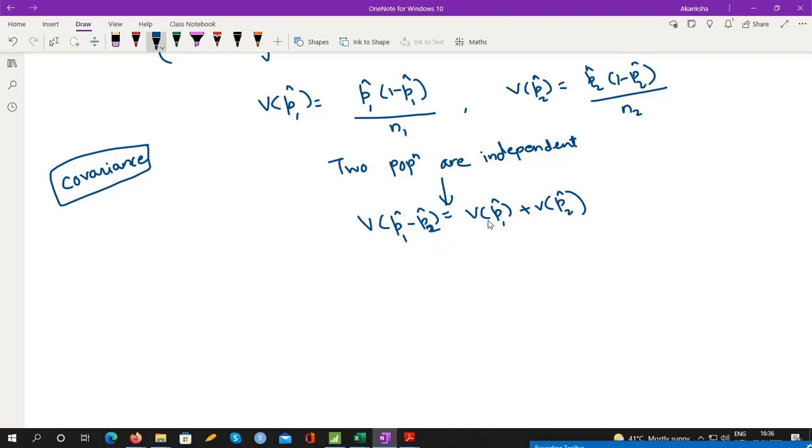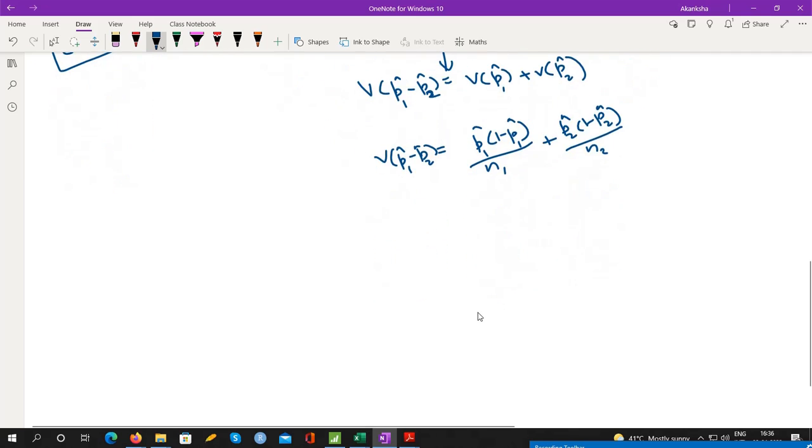Okay, so this is fine. Now that tells me that the variance of p1 hat minus p2 hat would be p1 hat times 1 minus p1 hat upon n1 plus p2 hat times 1 minus p2 hat upon n2, and once I have the variance I will again use standard normal theory.